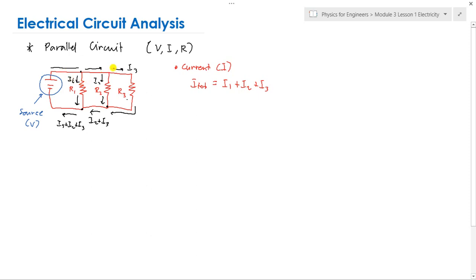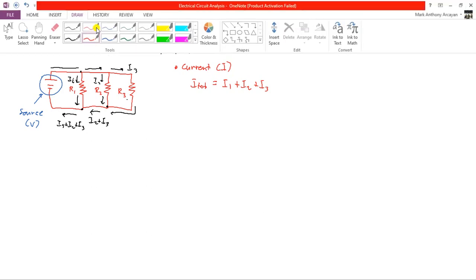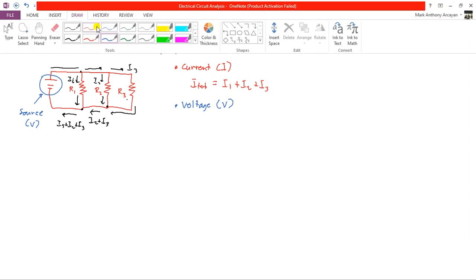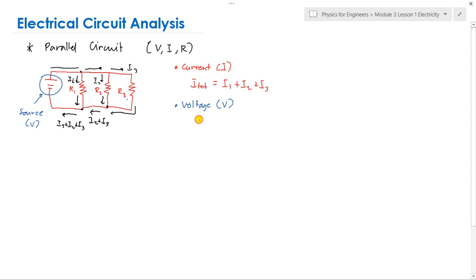Okay, kung yung kita ng diagram. That is for current for parallel. And for voltage, the voltage for parallel is opposite to that of series, because here the total voltage is just equal to the individual voltage for every resistance.